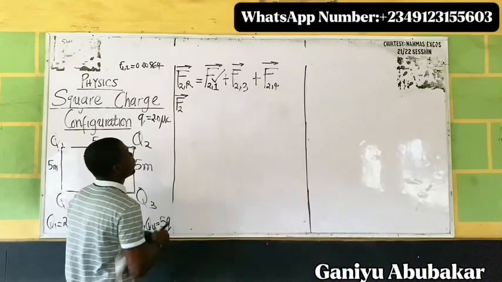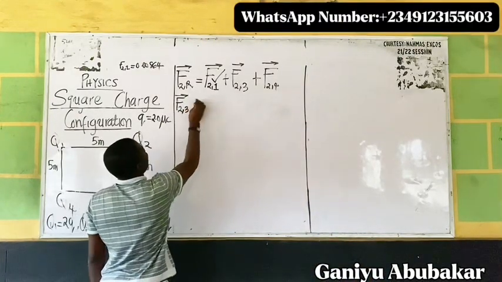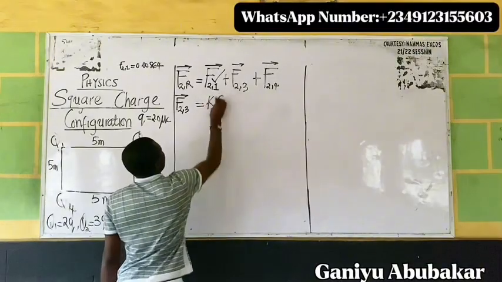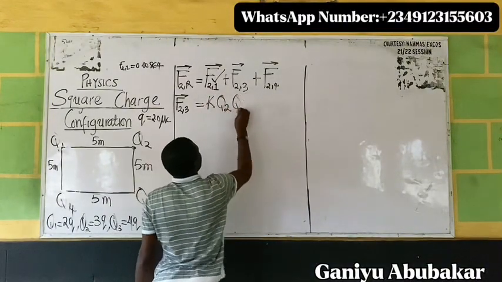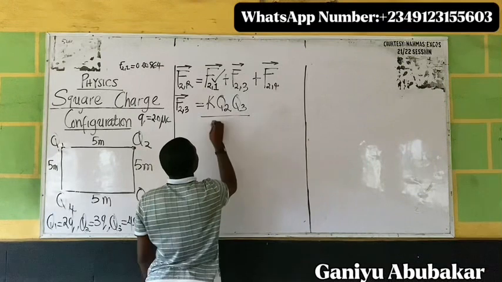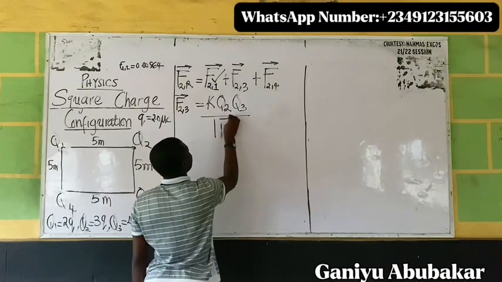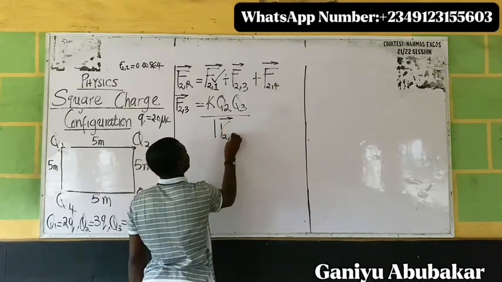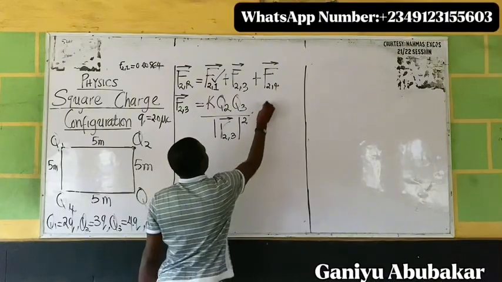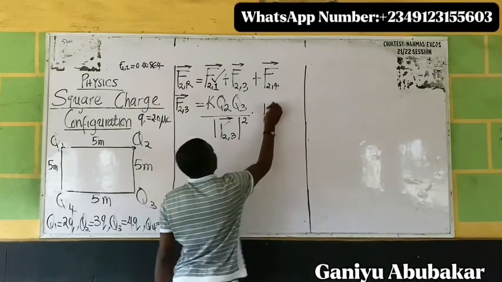Let's get F23. So F23 is equal to K Q2 Q3 all over the magnitude of R23 all squared, dot the unit vector of R23.